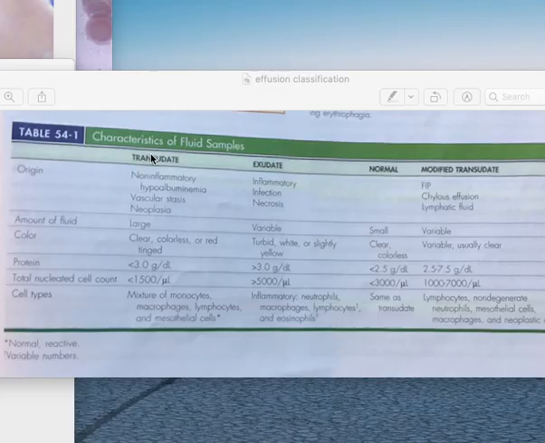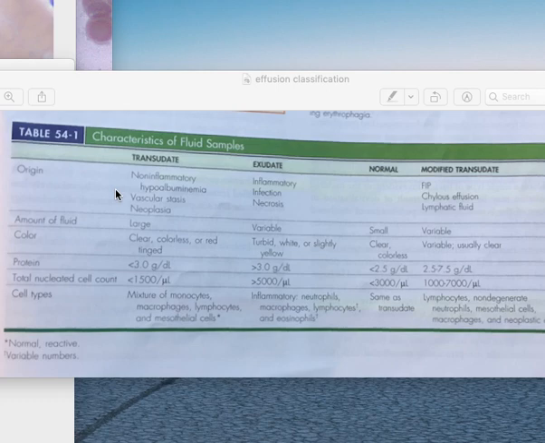You can see here that we have transudates, exudates. The modified transudate would be explained to be more like a thinner fluid but has a bit more cellularity. But let's stick with transudates and exudates first. Transudates can often be an effusion that's caused by a hypoproteinemia or right-sided or left-sided heart failure.